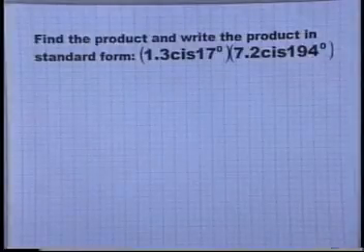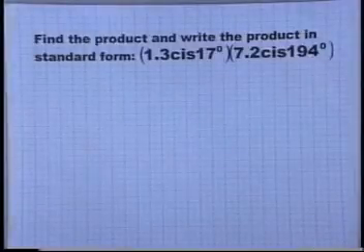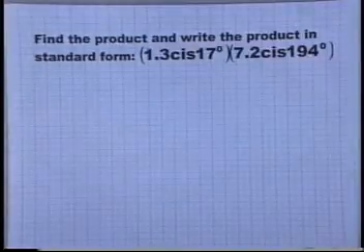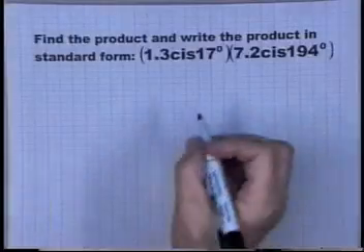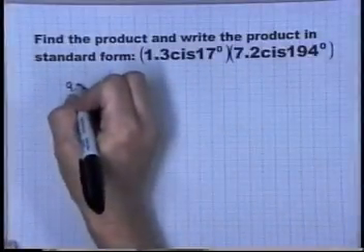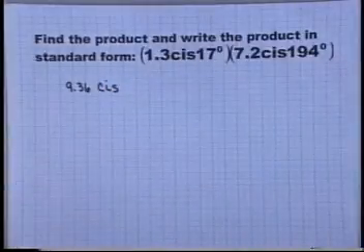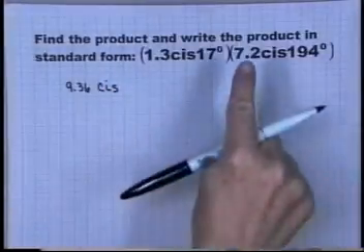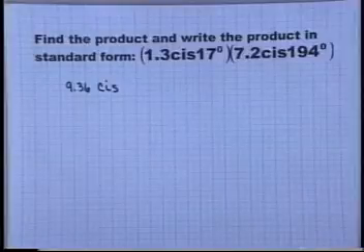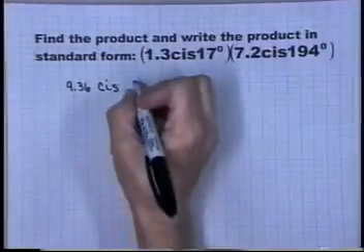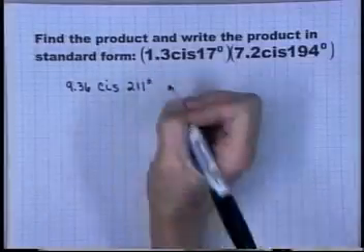So first of all, I'll multiply the r's. 1.3 times 7.2. That gives me 9.36. Okay, then I'm going to write my cosine plus I sine abbreviation, and then I'm going to add my angles. 17 degrees plus 194 degrees is 211 degrees.